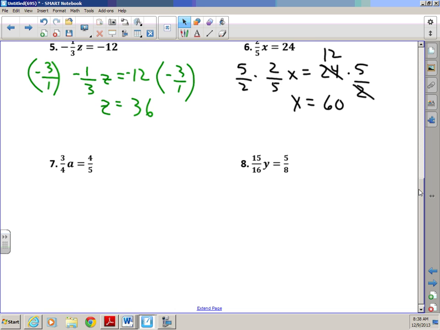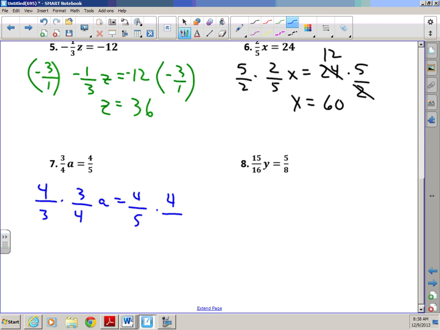And our last two, we want to multiply by 4/3. There's nothing to cross cancel here, so I just multiply numerators and denominators.